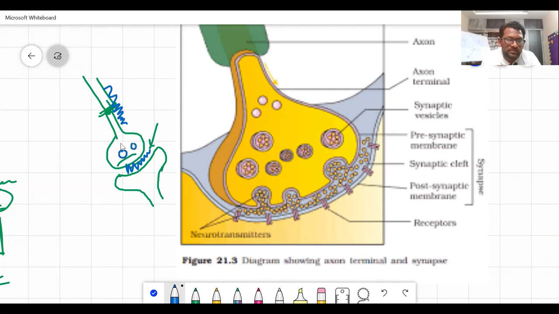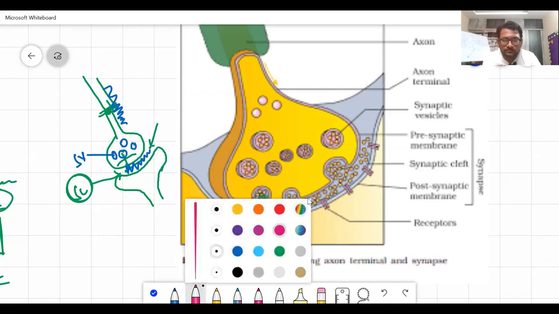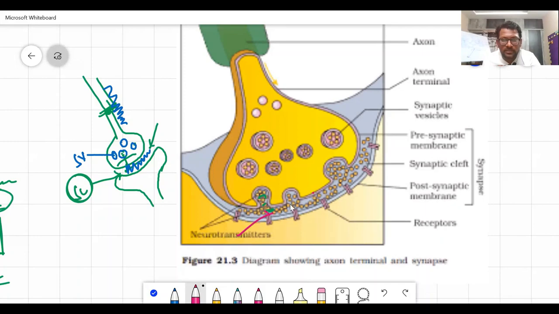The synapses would contain synaptic vesicles, which in turn contain neurotransmitters, which would be released into the synaptic cleft. Once released, they will have receptors and channels, which are taken up by another neuron, and again nerve impulse starts.